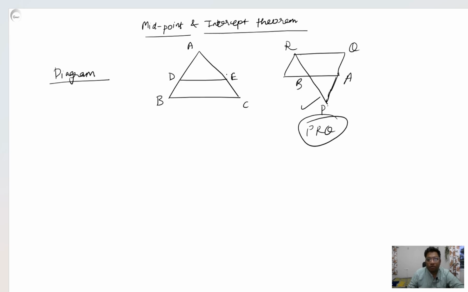It plays the same role as triangle ABC here. So the diagram will not be solo. Any good question which is worth its marks, which is a 3-4 marks question, they will not give you a straightforward midpoint theorem diagram. You have to search for it.